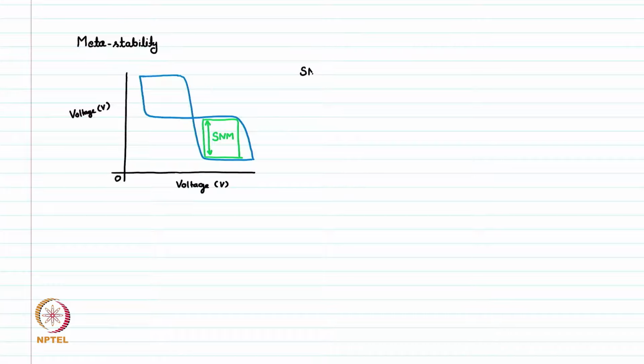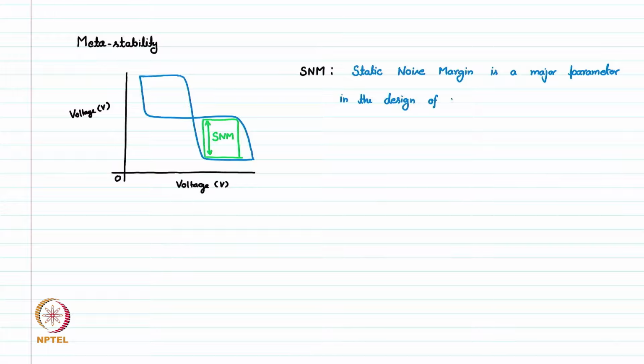So, SNM, static noise margin, is a major parameter in the design of a static RAM cell.